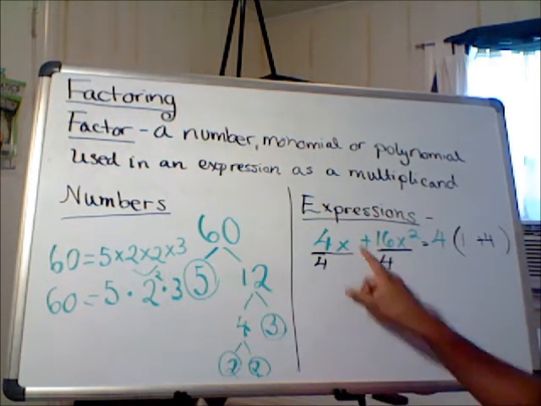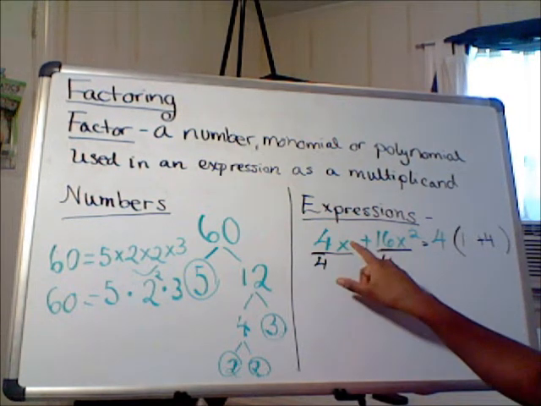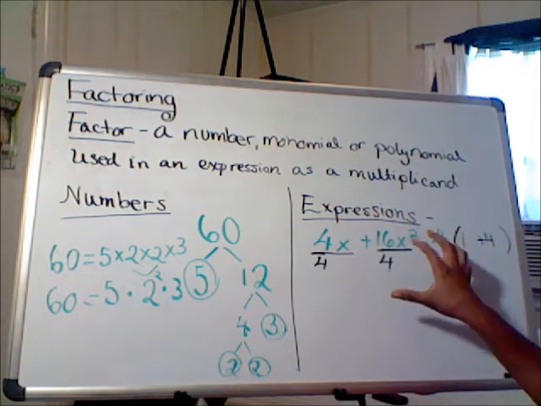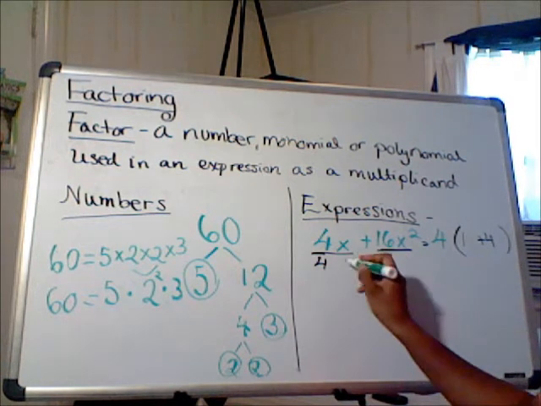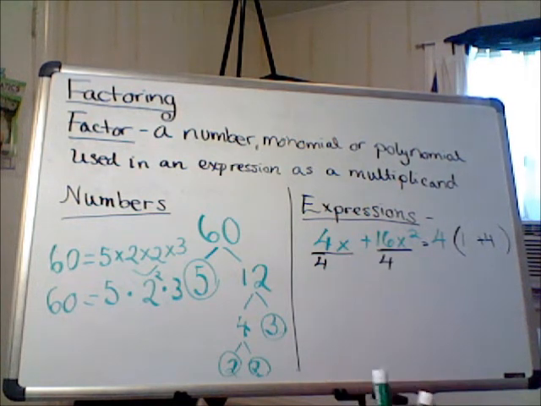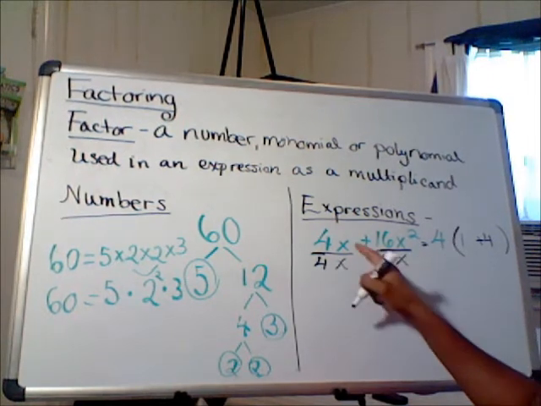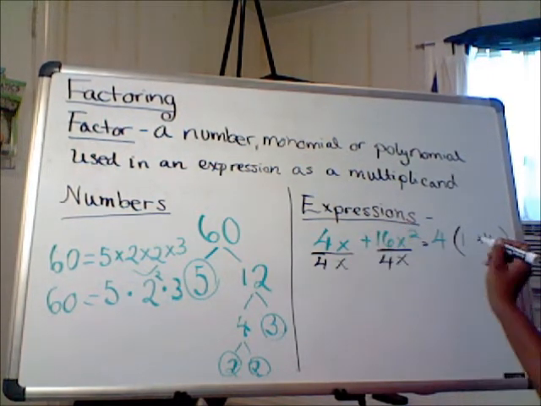Now let's look at the variables, the x and the x squared. This has 1 x, this has 2 x's. So we have to go with whatever they have in common. They only have 1 x in common because this one doesn't have 2 x's. So I can only factor out one of the x's. x divided by x is the same thing as saying 1 divided by 1. You get 1.